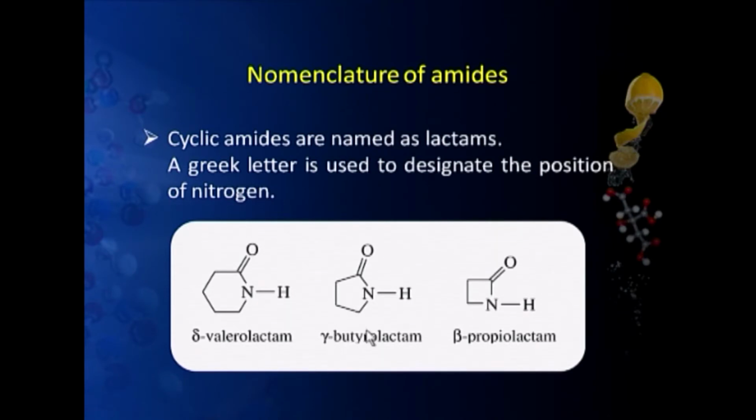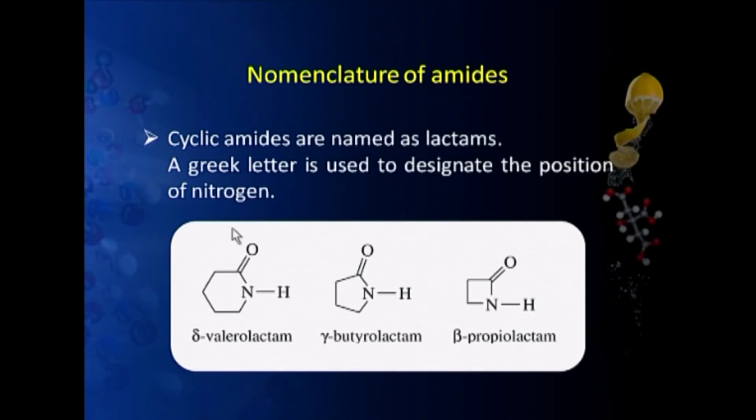This is a 4 carbon acid, butyric acid, and this nitrogen is at the alpha, beta, gamma position. So, this is known as gamma butyrolactam. This is the alpha, beta position on which this nitrogen is now there, and the 3 carbon acid is propionic acid. So, this is called beta propiolactam.